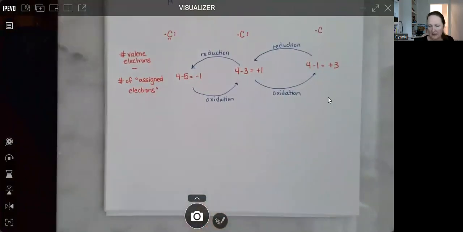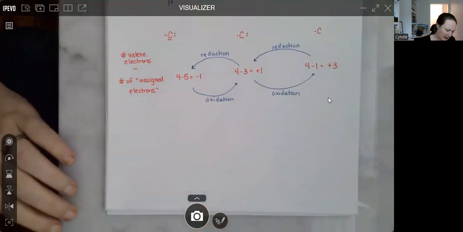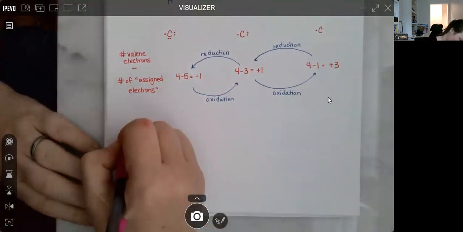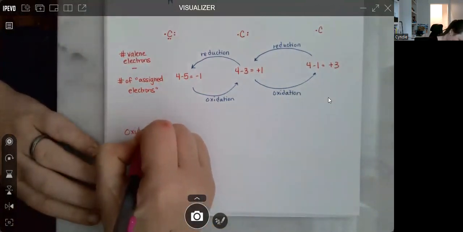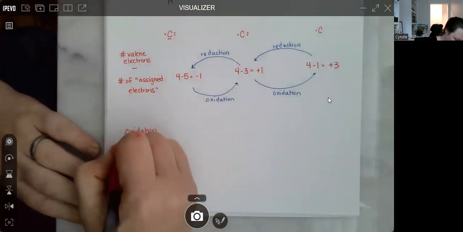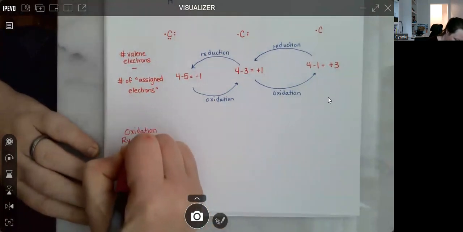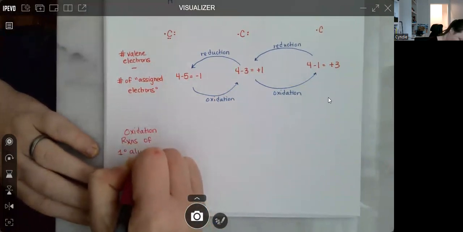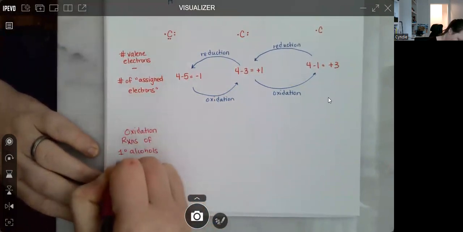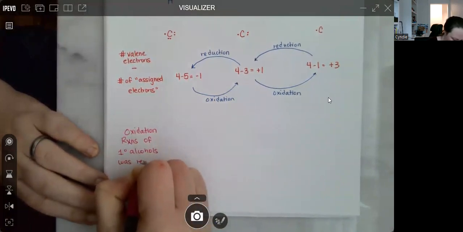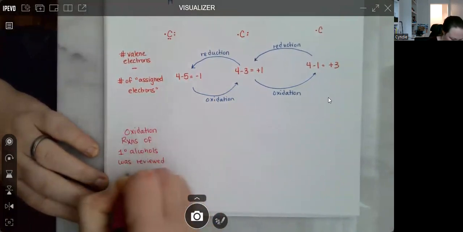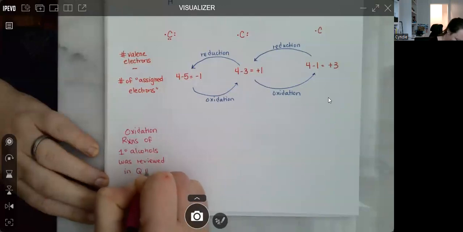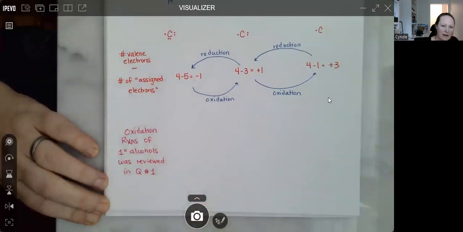And then I'll just make a little note here that oxidation reactions of primary alcohols was reviewed in question number 1, right?